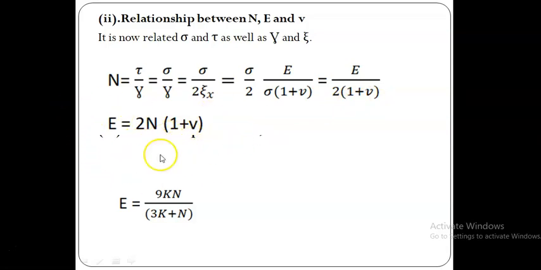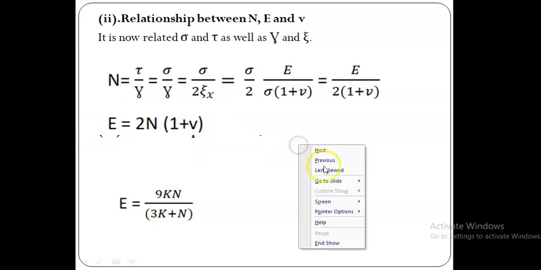This is another relationship between elastic constants, and like that we can also derive others algebraically with the use of the above two relationships.